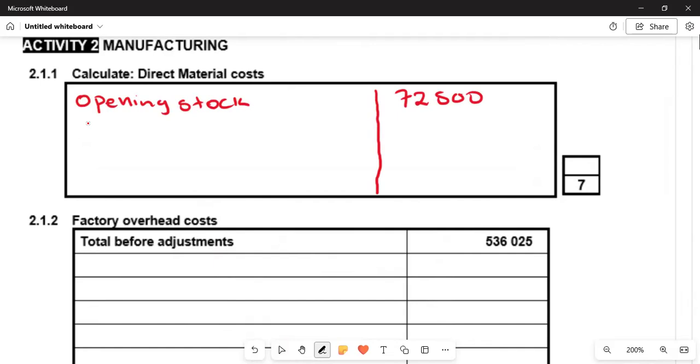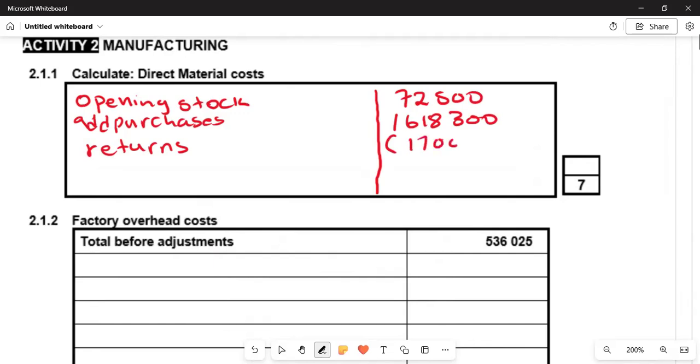We also have purchases, which we are to add, which is 1,618,300. Now we have purchases returns, which we are to subtract. Our purchases return is 17,000. We put them in brackets to show that we are going to subtract it.